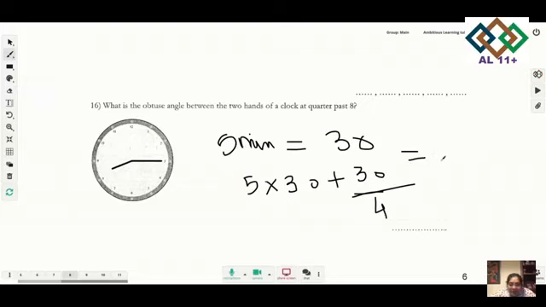Then you will get the answer in points. That will be 157.5. That's your answer. Good.